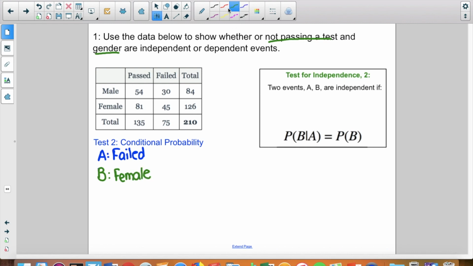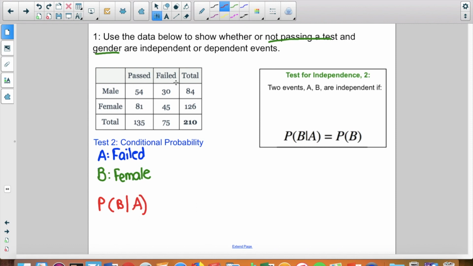Now what we need to find is the probability of female given that they failed.